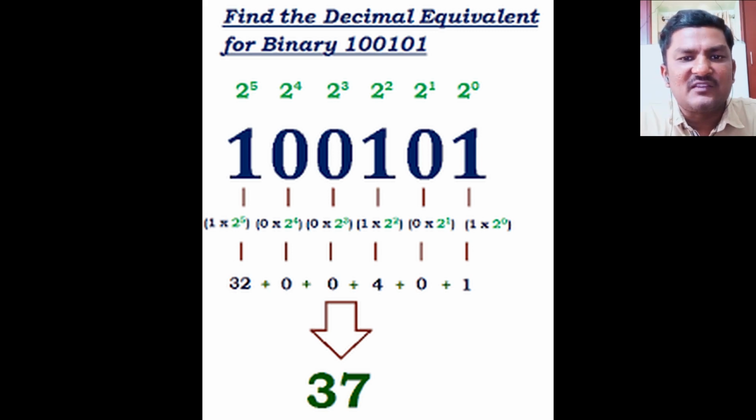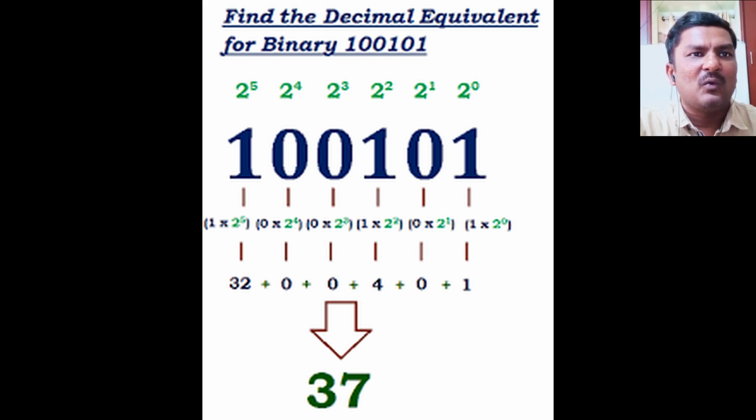Next, how do we convert a binary number into a decimal number? For example, 100101 is the binary number. On the top I have written 2 power 0, 2 power 1, 2 square, 2 cube, 2 power 4, 2 power 5 from right to left. Students, you know how to convert binary to decimal and decimal to binary, but for our understanding, once again I am giving that.